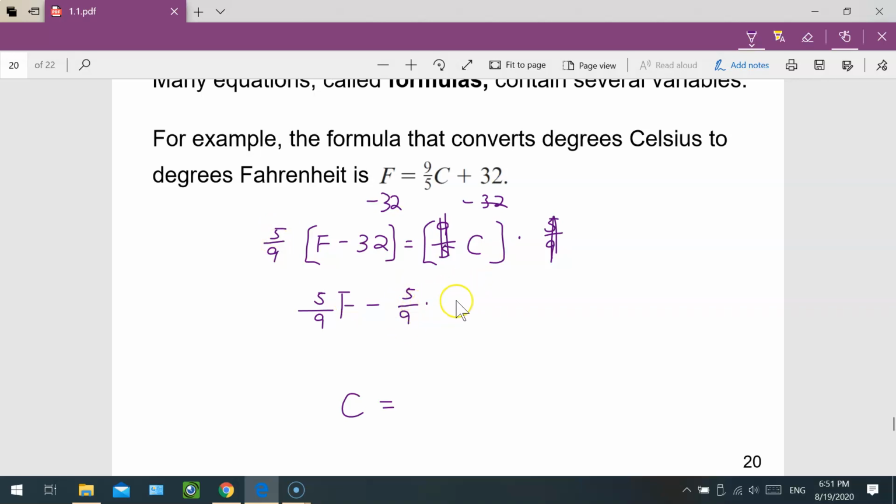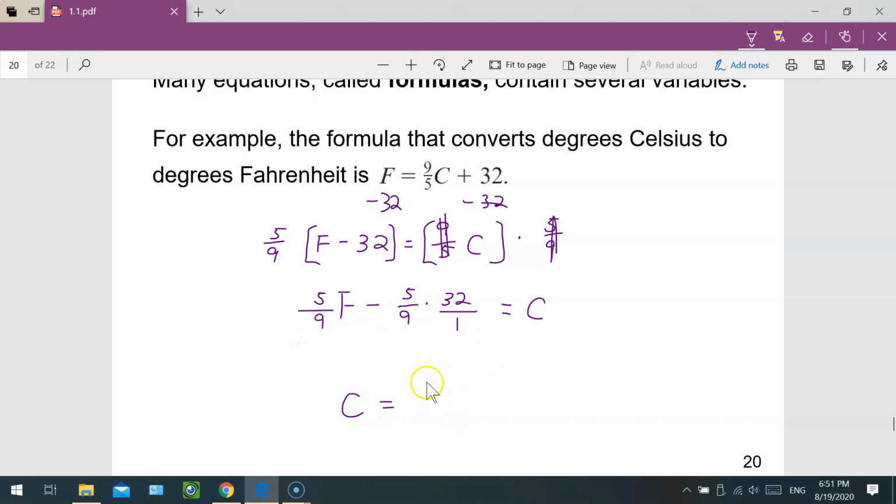When you multiply with 32, I can treat the 32 like 32/1. Equals C. Now, I'm going to let the C be on the left hand side because that's the way we read the equation. X equals 5, right? We barely read 5 equals X. So we let the C be on the left hand side.